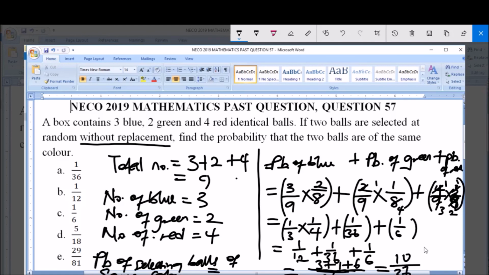Now let's break it down to the simplest form. The common factor here is 2. 2 will go into 10 five times, and 2 will go into 36 eighteen times. So the probability of selecting two balls that are of the same color is 5 over 18, and that is option D, 5 over 18.